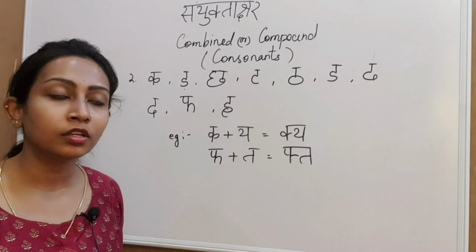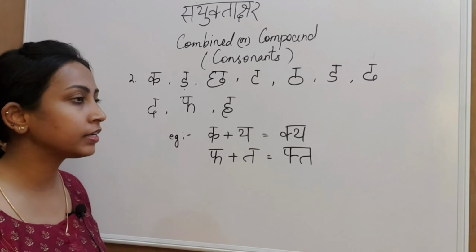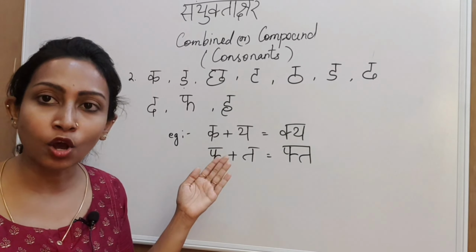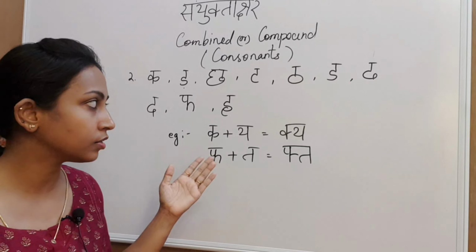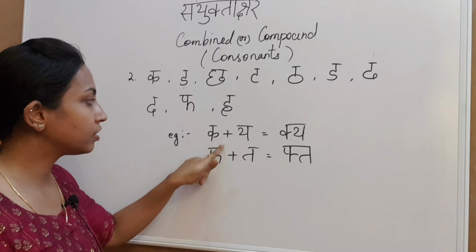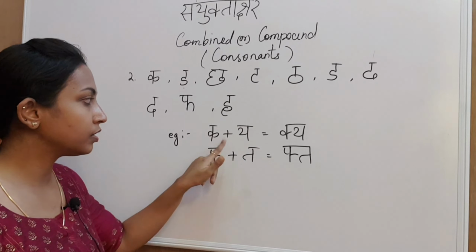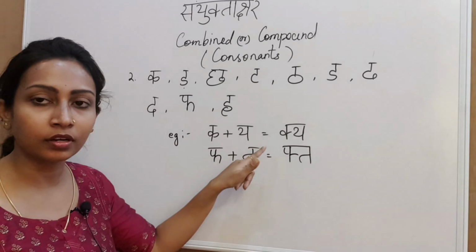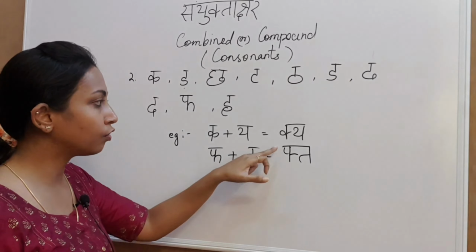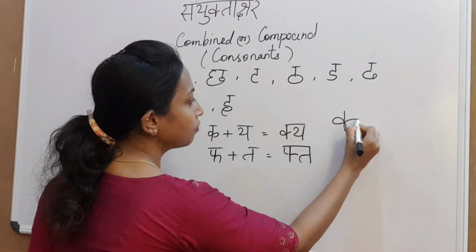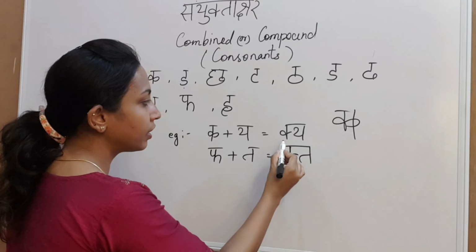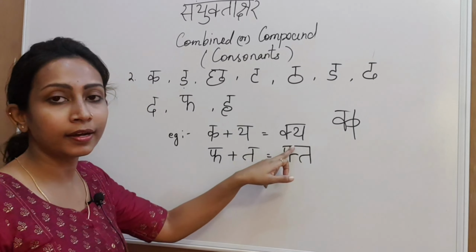The second rule is for the consonants which do not have a vertical line. How can we write these letters as a half letter, and how do we pronounce them? First, take ka plus ya. When ka and ya join together, the half of the letter ka is cut out and we get kya.